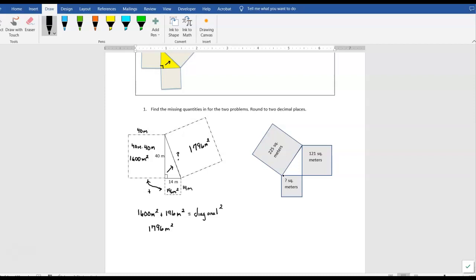Because this square has 4 equal sides, one of those sides is just going to be the square root of that area. So if I take the square root of 1,796 square meters, remember that now we're going to have the diagonal length, because when I take the square root of that squared, I'm going to end up with just meters.